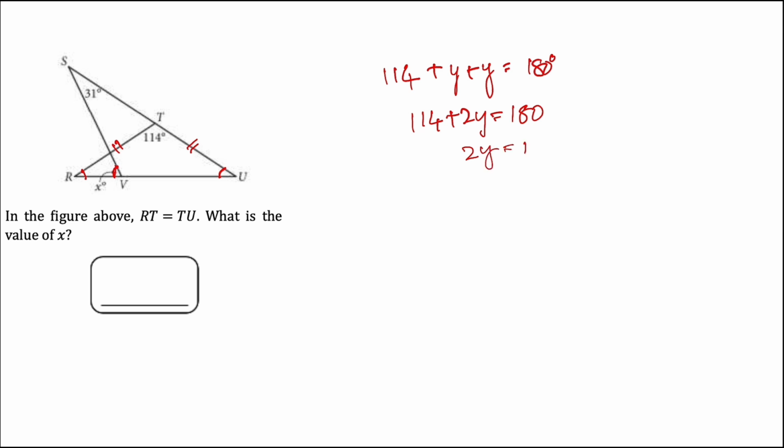So 2y is 180 minus 114. y is equal to 33. This is 33 degrees and here also we have 33 degrees.